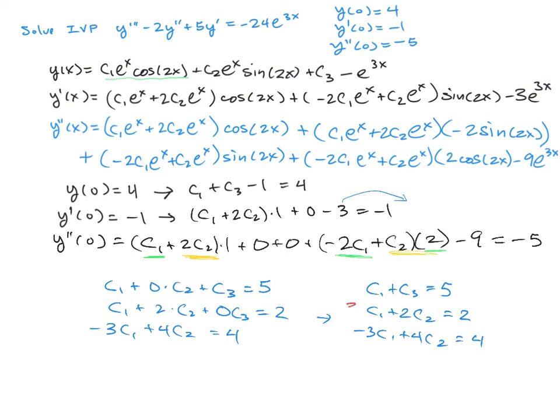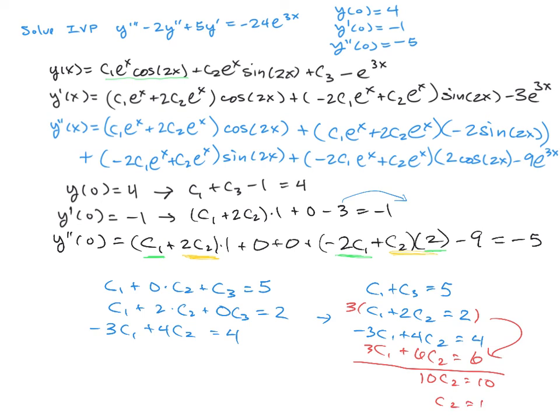We'll multiply the middle equation by 3 and then add it to the other equation below. So if we do that, we'll have a 3c1 plus 6c2 is equal to 6. Adding them up, we get 10c2 is equal to 10, so c2 is 1.